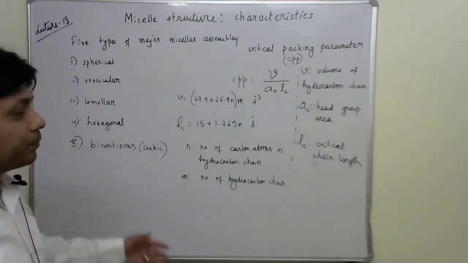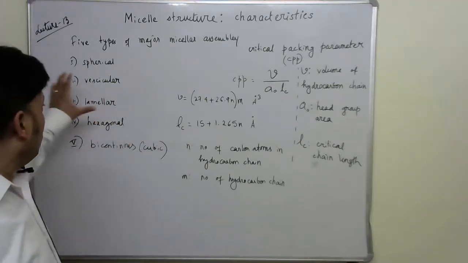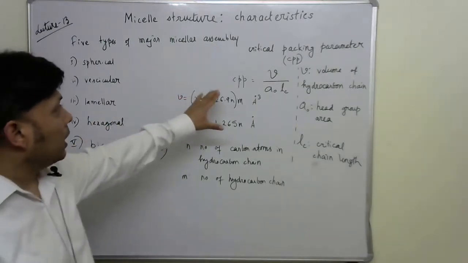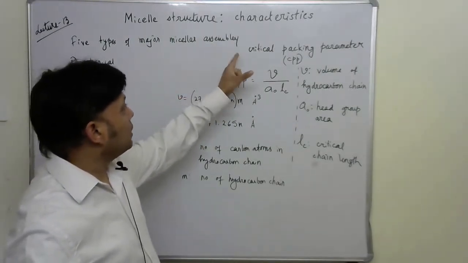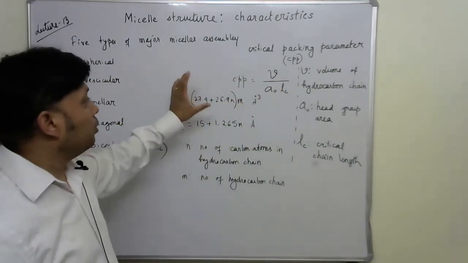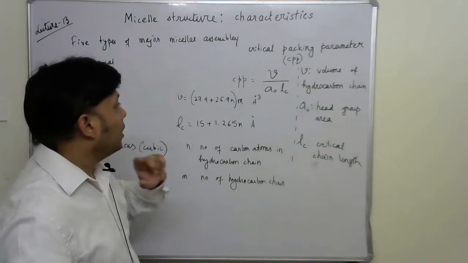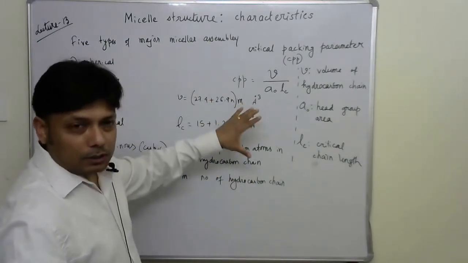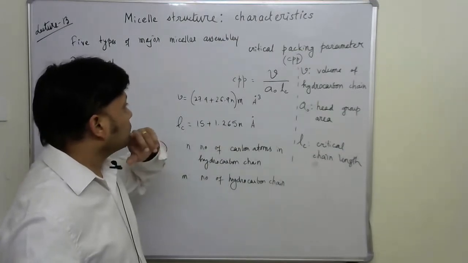All these structures can be predicted by a formula, known as the critical packing parameter, CPP. And remember, this is a purely empirical formula with some mathematical calculation taken care into.